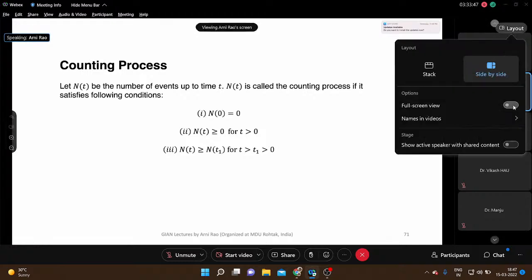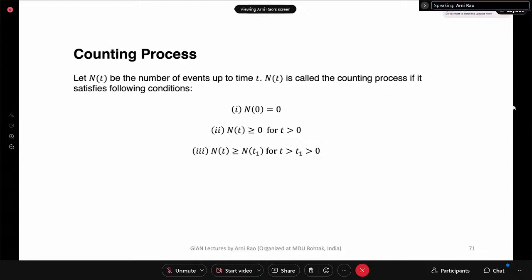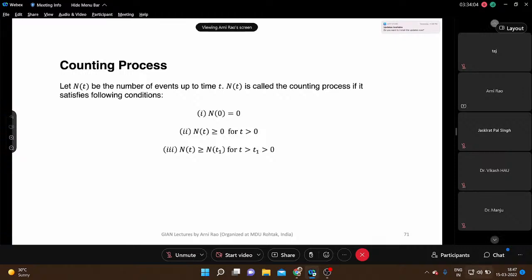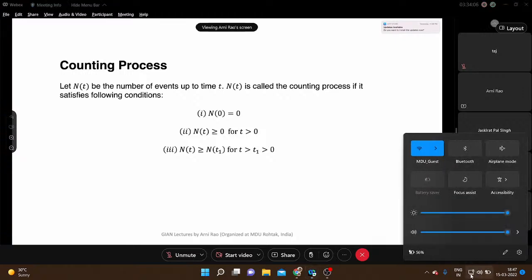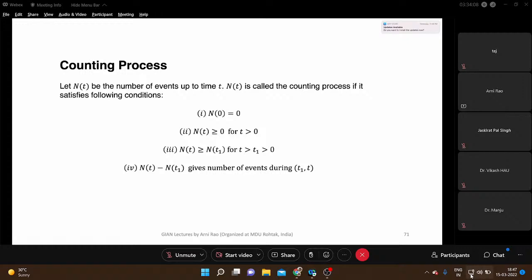That's just notation, nothing else. Three things: N0 equal to 0, Nt greater than or equal to 0, and Nt greater than or equal to Nt1 for t greater than t1. Three conditions. And the fourth condition is that the difference between Nt and Nt minus 1 gives the number of events during the time interval.